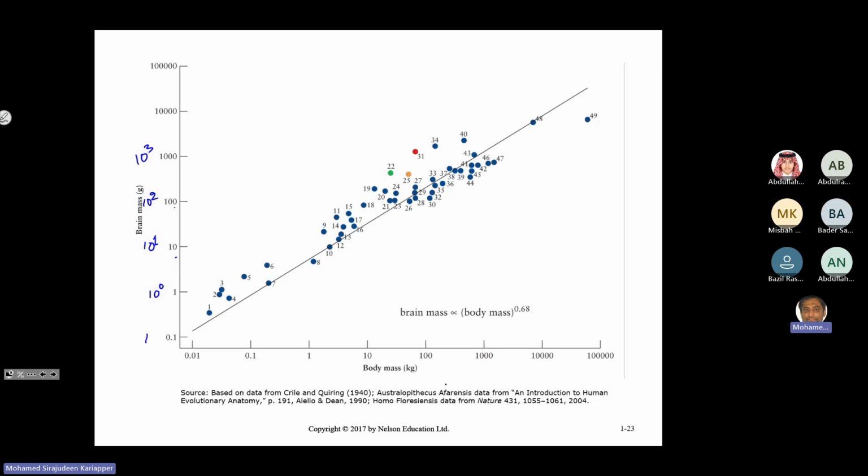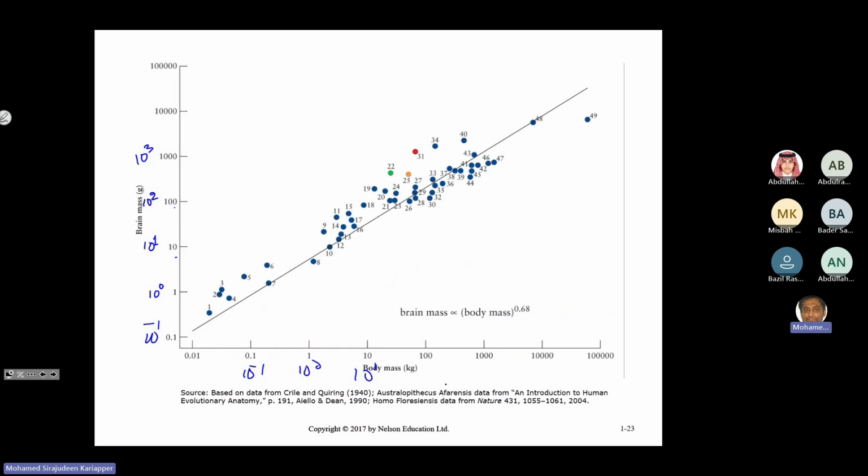The same thing here. This is 10 to the minus 1. So here again 10 to the power 0, 10 to the power -1, 10 to the power 1, and so on. So in a log graph, both the x-axis as well as the y-axis are in log scale. When you plot this kind of a graph, and if there is a proportionality, you get a straight line, but of course it is not a perfect straight line.